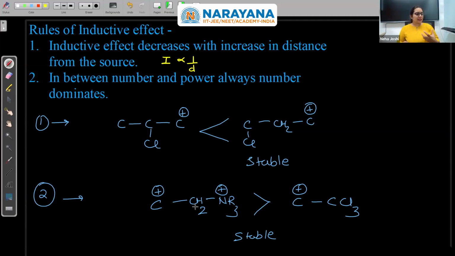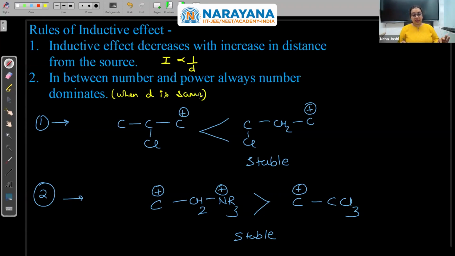Okay, so practically, the farther we go, the more the distance from the source atom or the source group, the less will be the minus I of whichever group is under consideration. If the distance is maintained the same, this point is applicable only when distance is the same. The most important factor is distance.